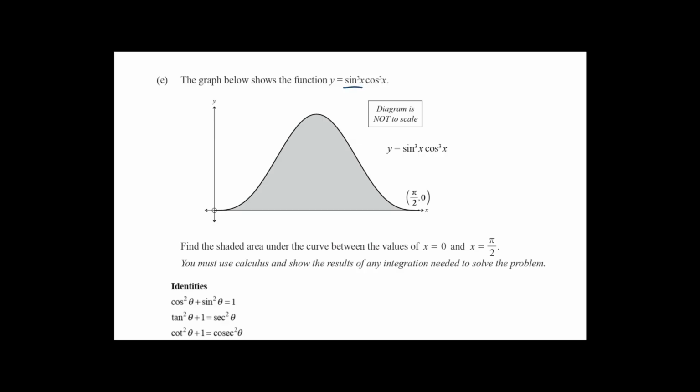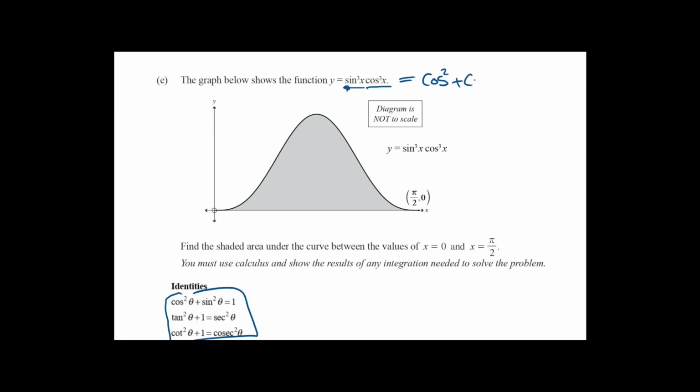The integral of sine cubed of x times cos cubed of x. Now, if we break it down and use this little step here, I'm going to try to get rid of a cos, and the reason why I do that is when I integrate it, it's not going to give me negatives.